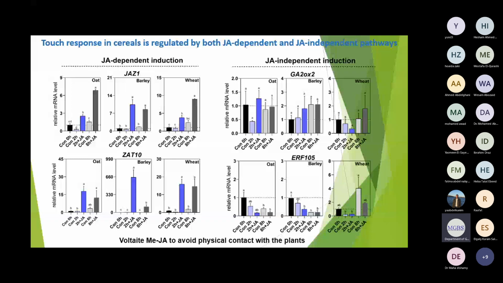Interestingly, for the other pathway, the jasmonic acid independent induction, we can prove it this way: we cannot find an increase after exposure of the plant to just air, so control 2 hours, and at 2 hours there is no significant change. So we have proof that cereal also has a jasmonic acid dependent and a jasmonic acid independent pathway.